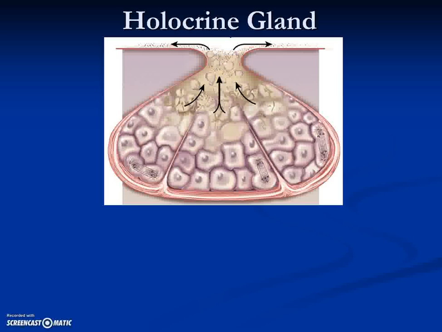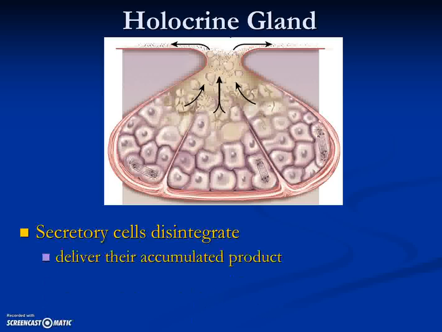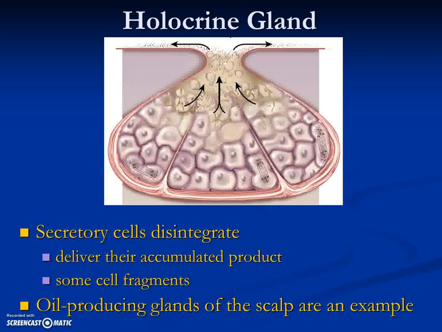Not only is there lava, magma, there's also dirt and whatnot, earth. Okay, so secretory cells disintegrate. They deliver their accumulated products in some of the cell fragments. Oftentimes the oil-producing or sebaceous glands associated with hair follicles will do this same thing.